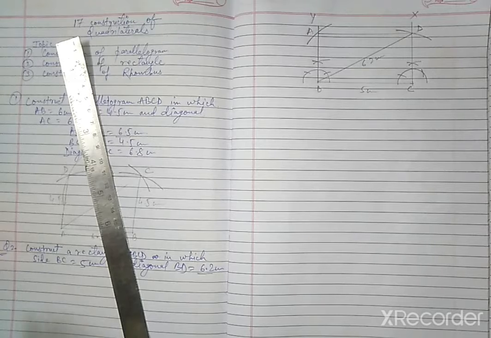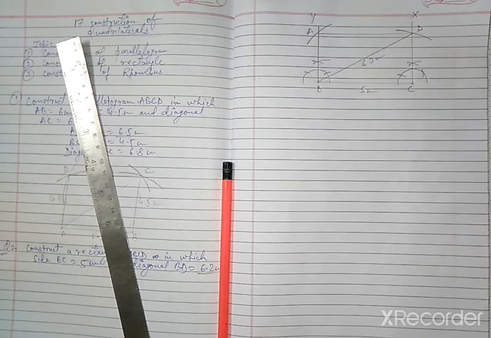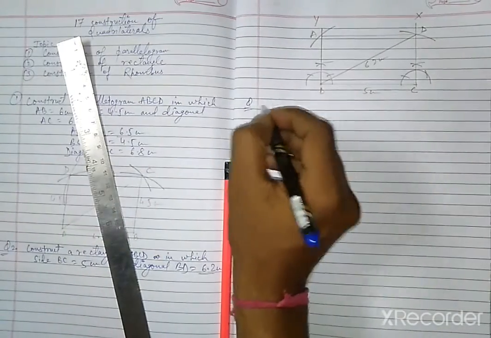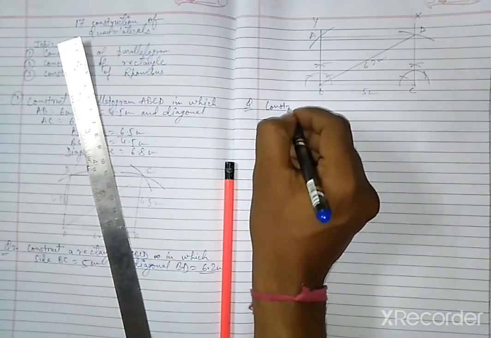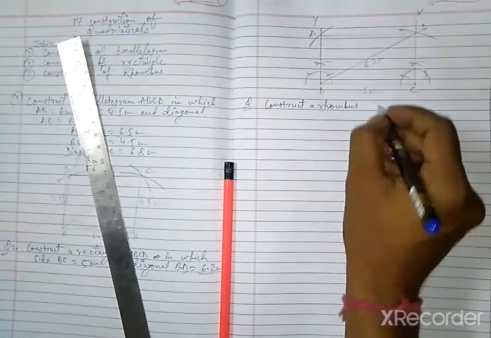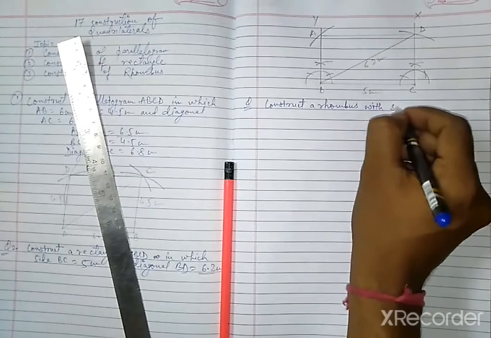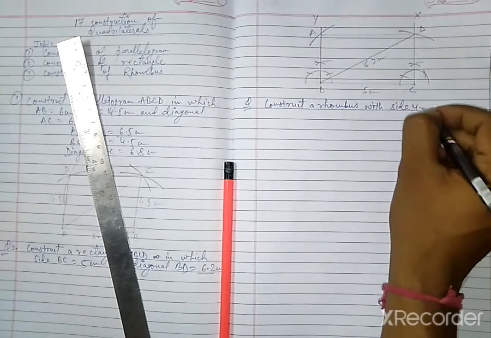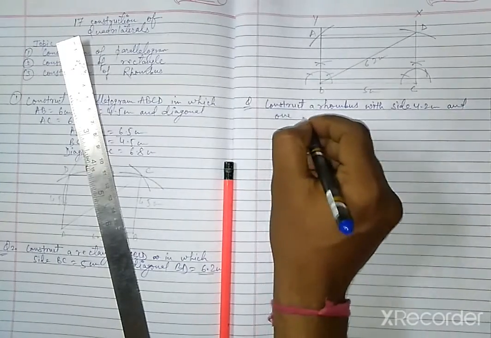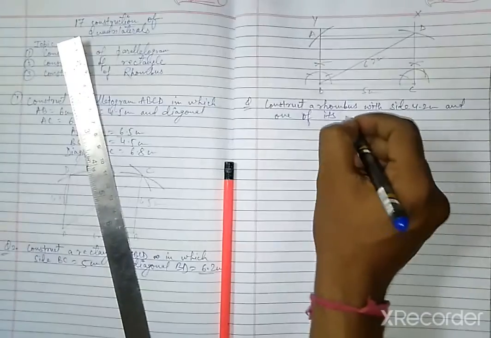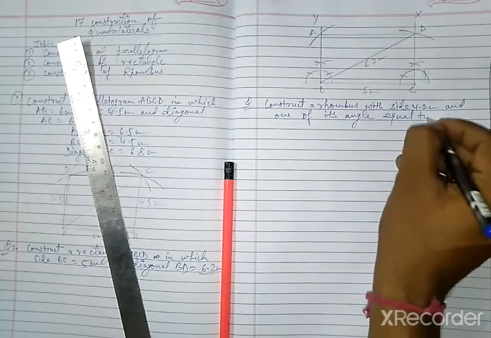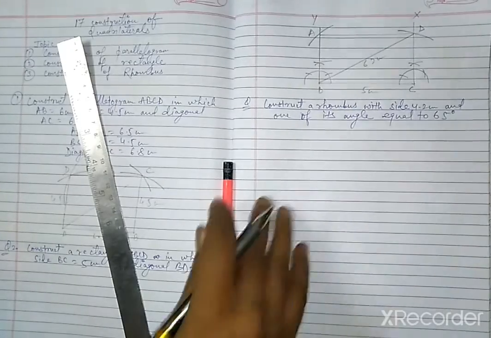Now let's come to our third topic, that is construction of rhombus. So let's take the example. Construct a rhombus with side 4.2 centimeter and one of its angles equal to 65 degree.